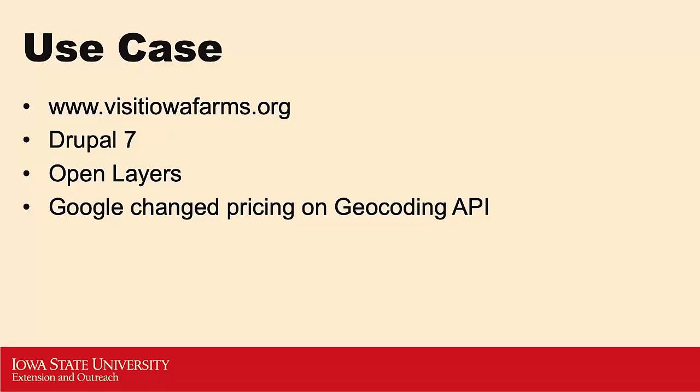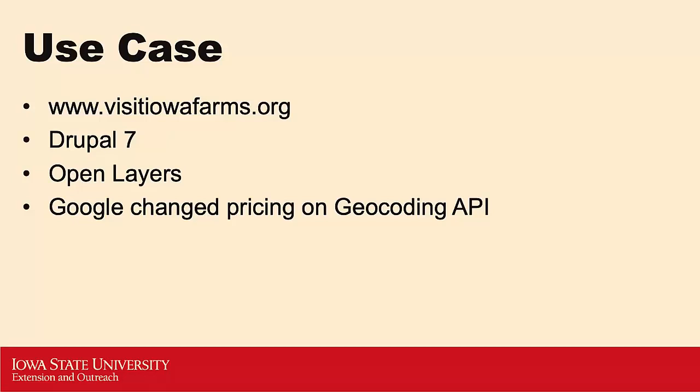And we had a student that put that together probably about 4 or 5 years ago. That site's in Drupal 7. At the time, the information that she found was using OpenLayers.